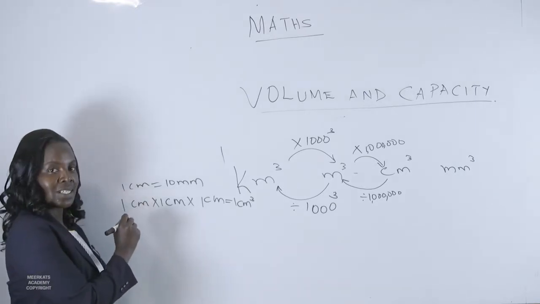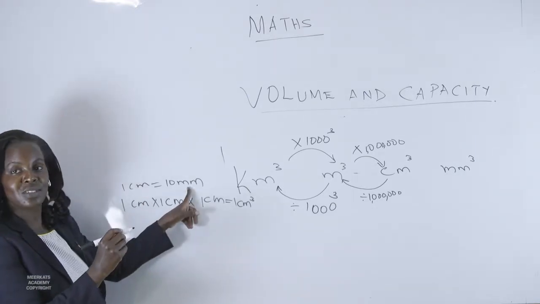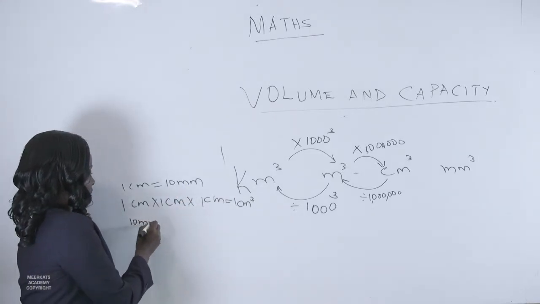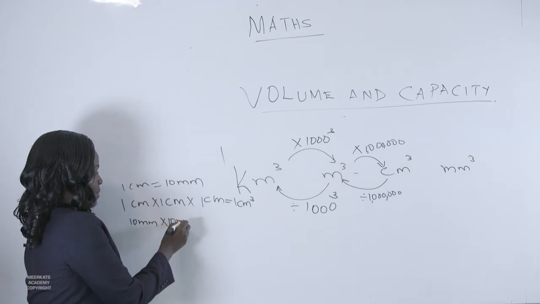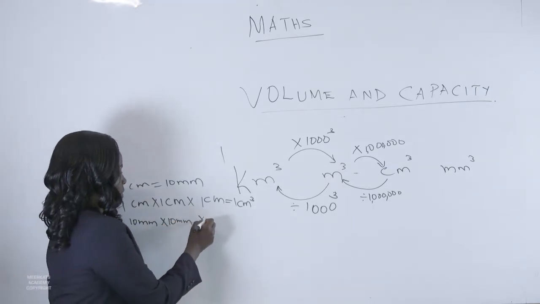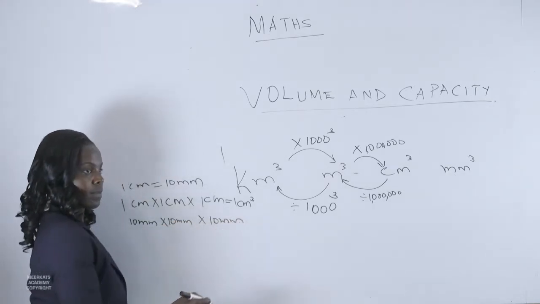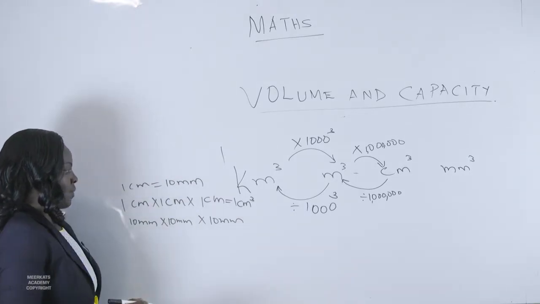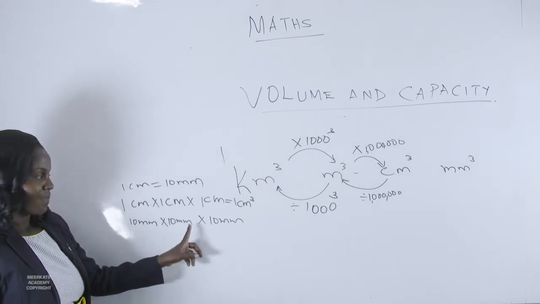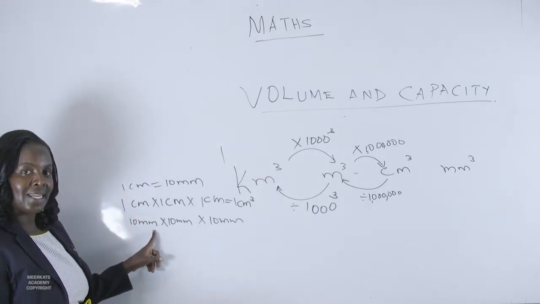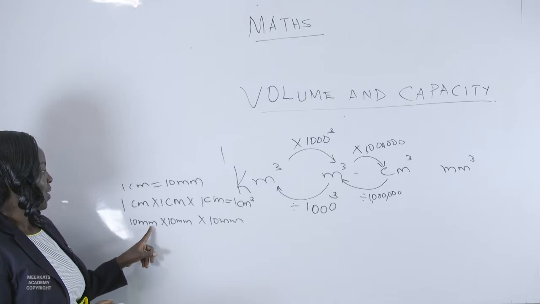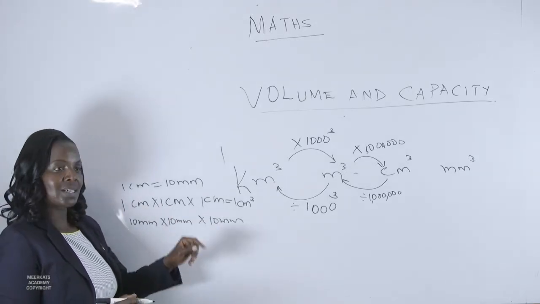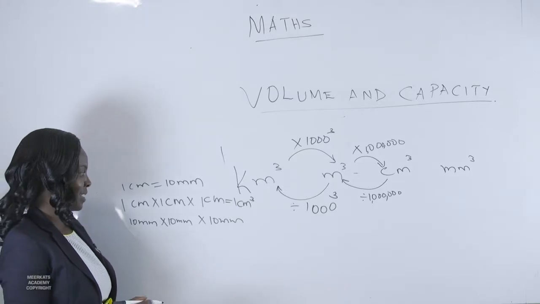In 1 centimeter, there are 10 millimeters. So if we multiply, for 1 centimeter we have 10 millimeters, another centimeter is 10 millimeters, and 1 centimeter gives us 10 millimeters again.